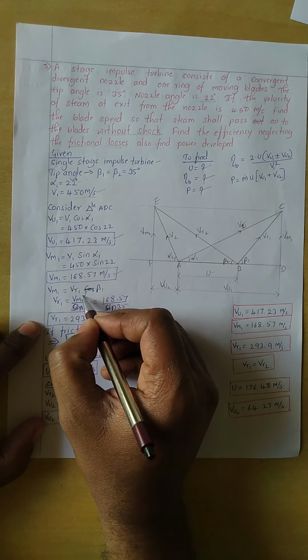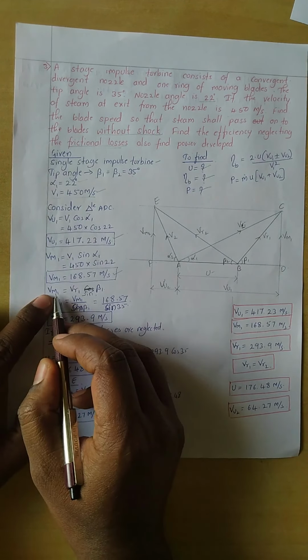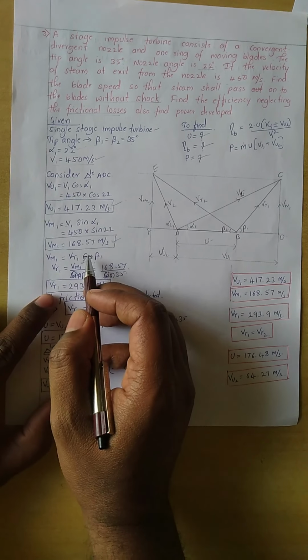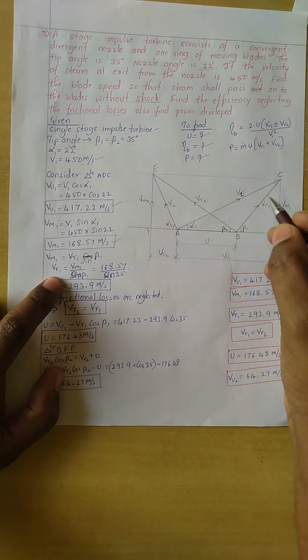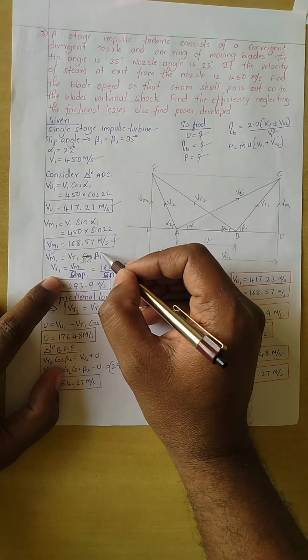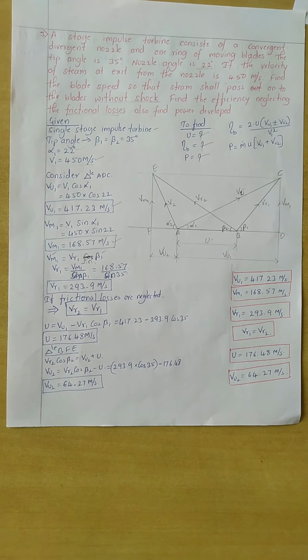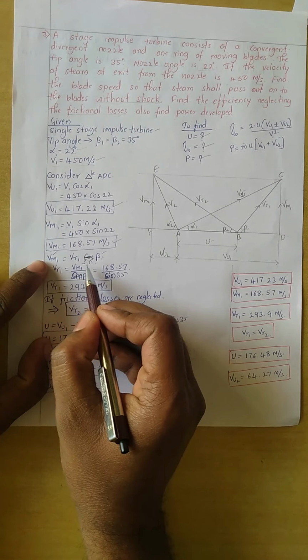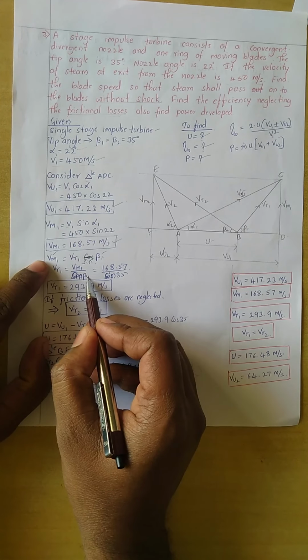VM1 can also be written as VR1 sin beta 1. We know VM1 and beta 1, so we can find VR1. VR1 is VM1 divided by sin beta 1.